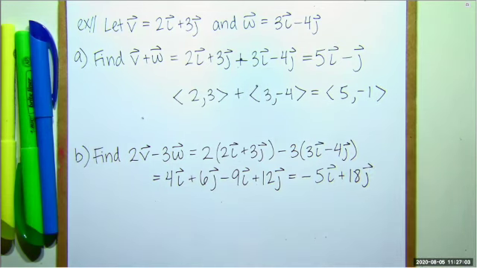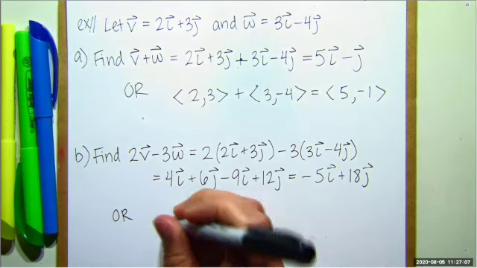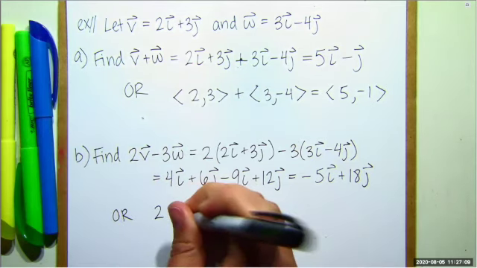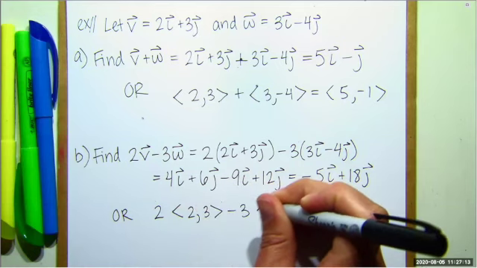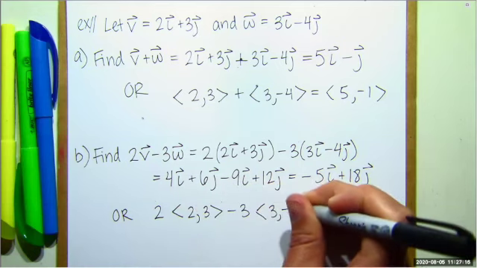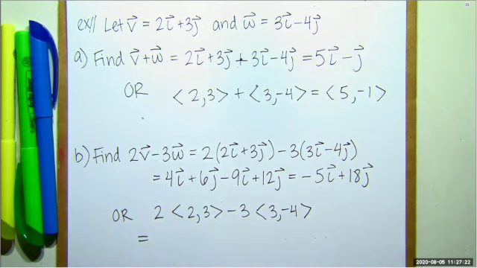I'll do it in the other notation for you here, just so you can see what that looks like. In the other notation here, we'd have 2 times 2, 3, minus 3 times 3, negative 4. At this point in this notation, it actually lets you do this a little bit quicker. If you want to write it in one step, you could just see 2 times 2 is 4, minus 9 would give you negative 5.